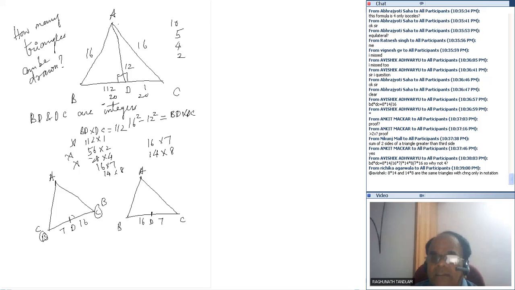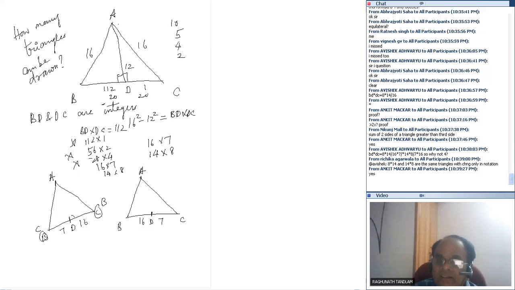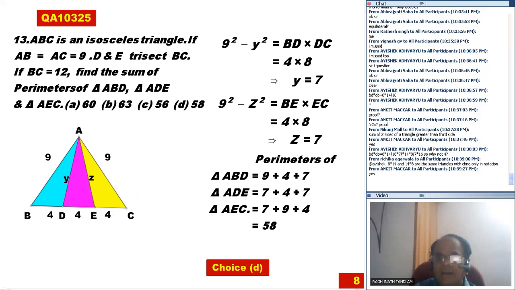So it's not possible, or not. Remember, 16 plus 16 is greater than 40 because ABC is a triangle. Rogan, ABC is a triangle. AB plus BC should be greater than BD, or not. Right.